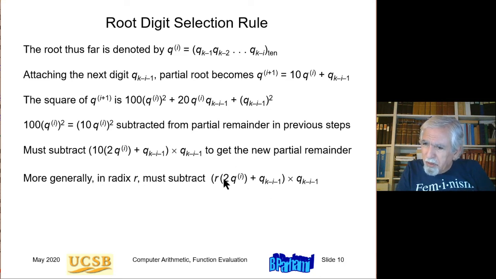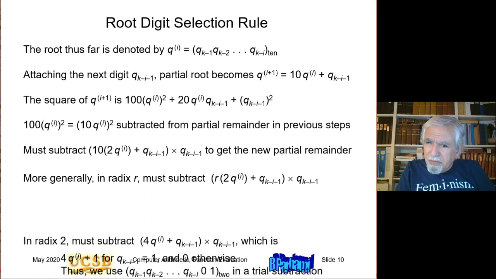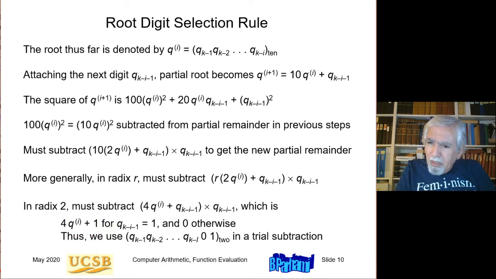Double the partial root, attach a radix R digit to it, so this is the number we get, then multiply by that chosen radix R digit, and ensure that this value is not greater than the partial remainder. So in radix 2, our radix R is 2, so here I have 2 times 2qi, 4qi, plus qk minus I minus 1 times qk minus I minus 1.